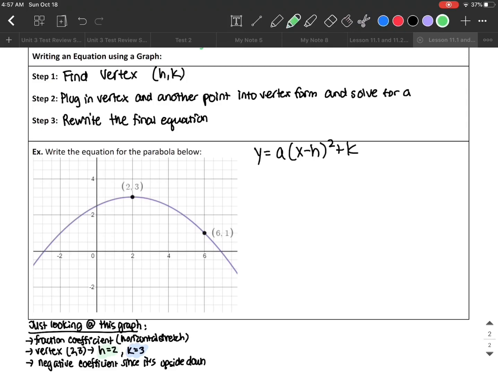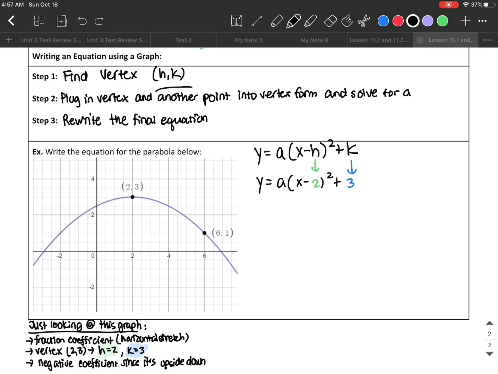And I'm going to plug in h is 2 and k is 3. So what I really have is y equals a times x minus 2 squared plus 3. So I plugged in the vertex.